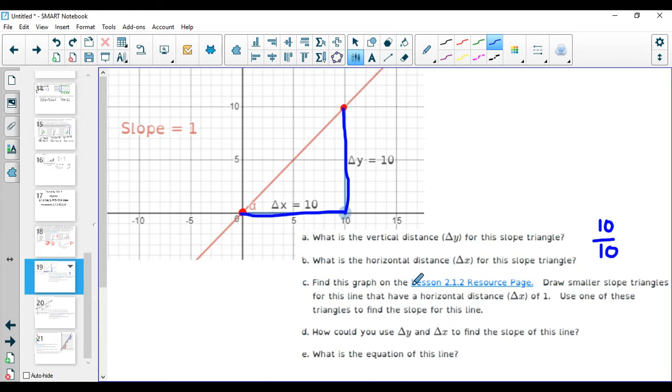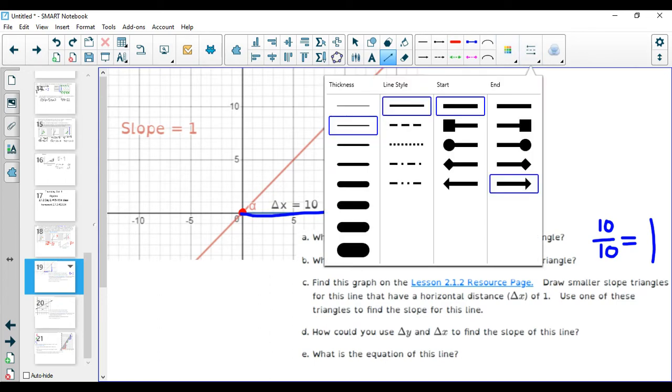If we look at that on the actual resource page, or if you went to the online tools, it says draw smaller slope triangles for this that have a horizontal distance of 1 and figure out the slope. Well, change in y over change in x we already know is 1. If we do this correctly, it should also be 1.